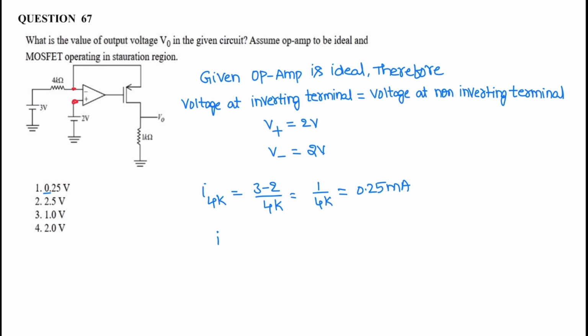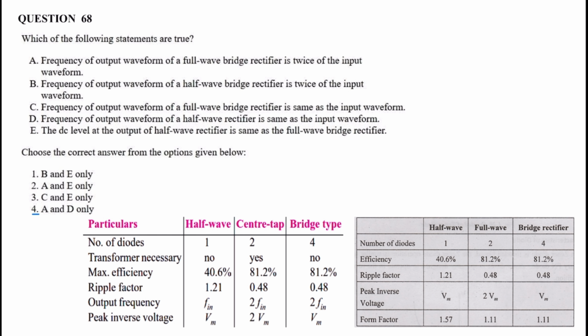Therefore, current in 1 kilo ohm resistor is the same current, 0.25 milliamperes. The output voltage V0 is 0.25 milliampere into 1 kilo ohm. Its value is 0.25 volts. Correct answer is option 1.